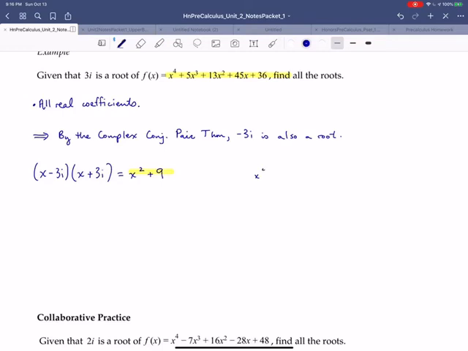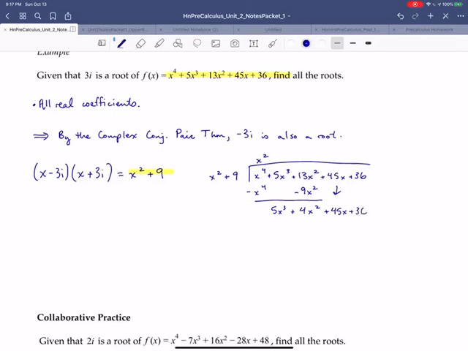So I'm going to write this out and divide. I get that x squared is the first term of the quotient polynomial. I multiply through, subtract. I bring down 5x cubed plus 4x squared, the remaining terms.